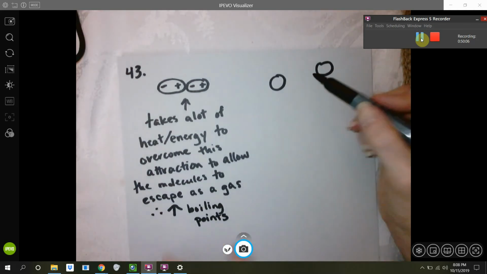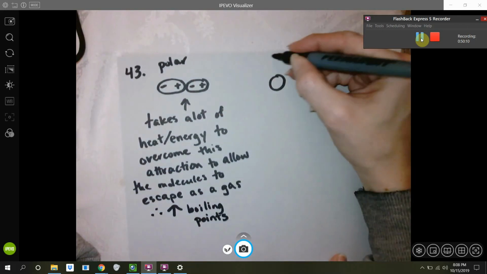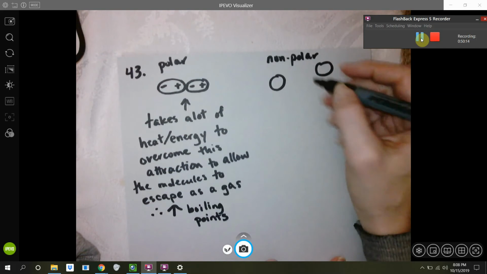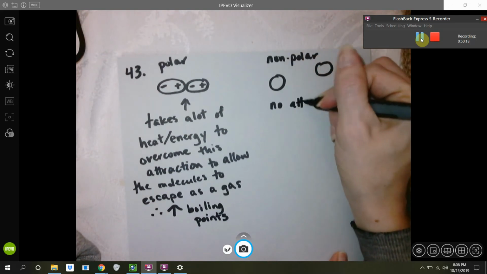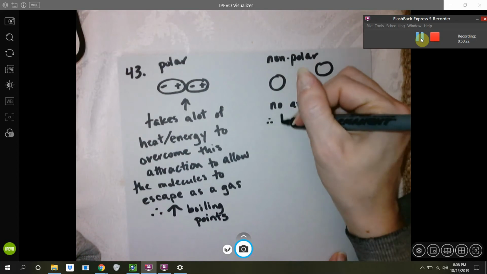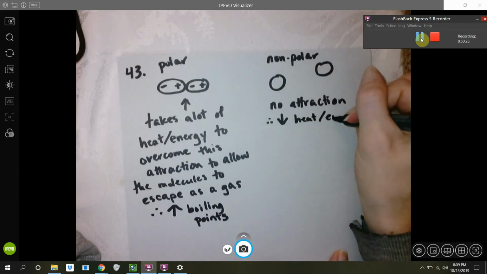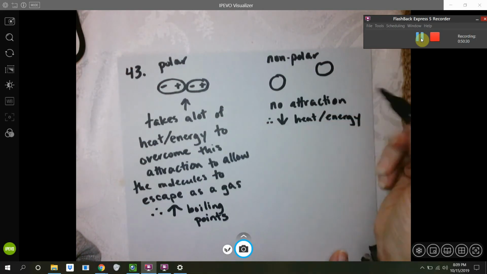Compared to these, and these are polar, these are non-polar. So, no attraction, therefore low amount of heat energy. It only takes a little bit, right?